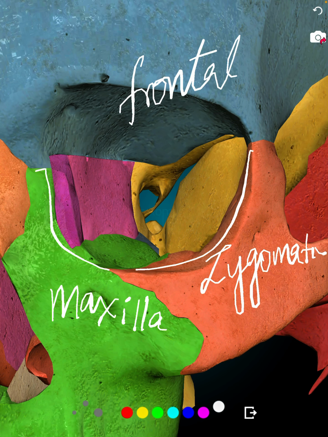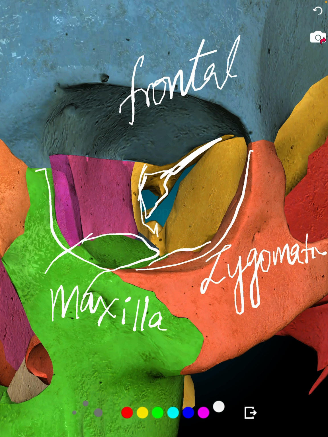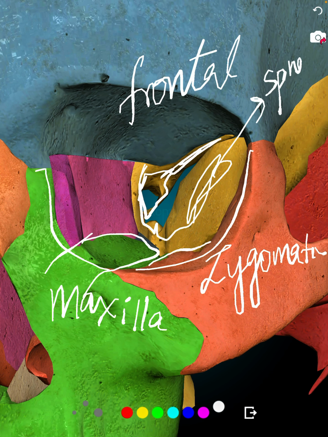And in the orbit, this area is also maxilla, and zygomatic this area. Now, at the posterior side, the yellow color bone, this entire yellow color area, this full structure, that is your sphenoid bone.